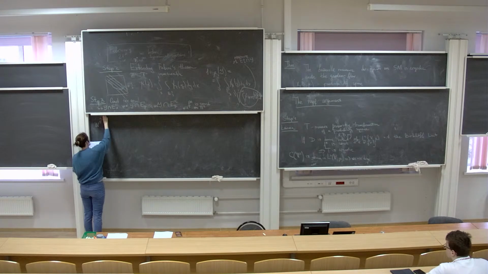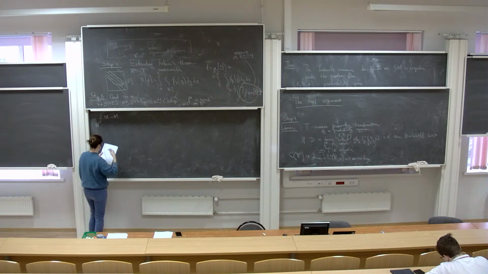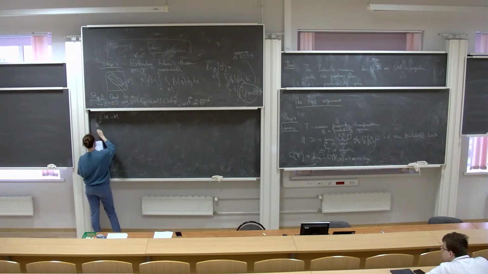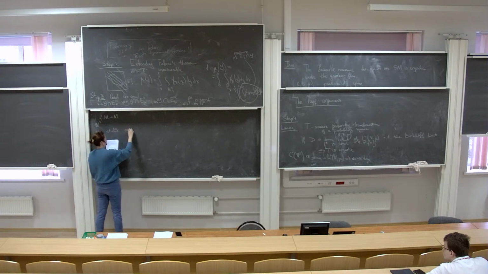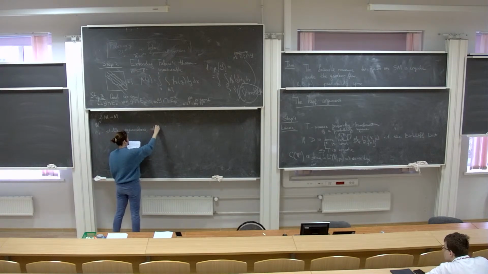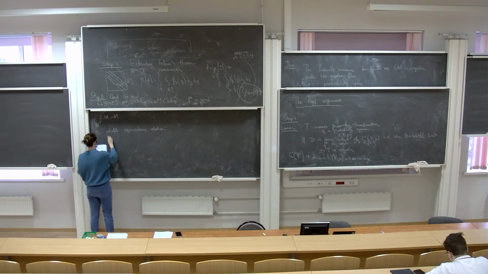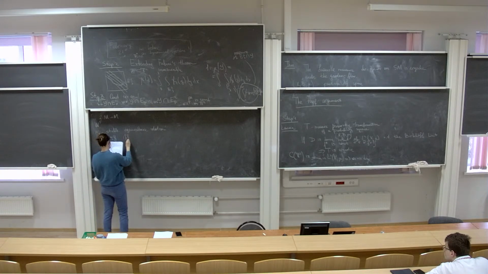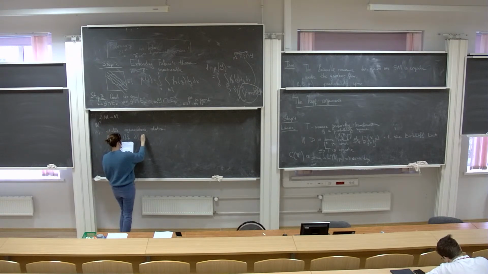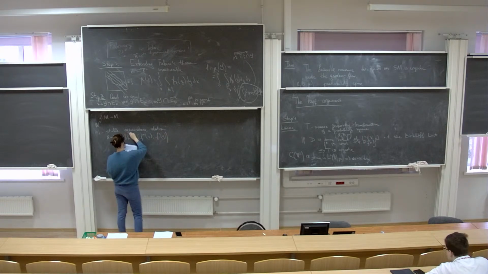So we have a function that acts on our surface, and we have a stable equivalence relation. x is equivalent to y if the distance between their iterations goes to 0.